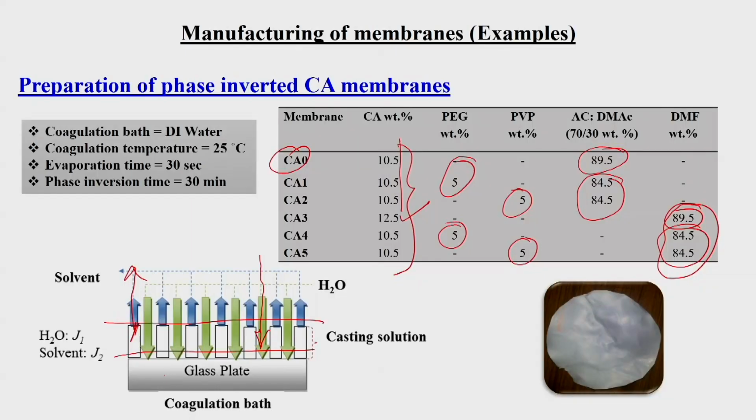The coagulation bath is deionized water, the coagulation temperature is maintained at 25 degrees Celsius, the evaporation time is only 30 seconds, and the phase inversion time is 30 minutes. So in 30 minutes the acetone, DMSO and DMF will be coming out and mixing with water, whereas the water will be entering into this membrane film. That takes place in 30 minutes. If we allow more than that time, it will not help, and finally we will get the polymeric film.